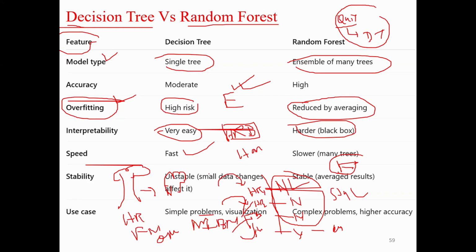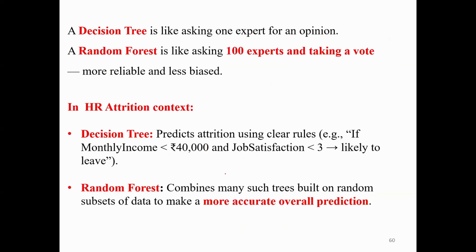So they will collect the feedback from HR, marketing, operation, finance. Everything they will collect as your feedback. After that, they can impose a decision whether you will stay or not, right? Now, coming to decision tree, it is like asking one expert for an opinion.